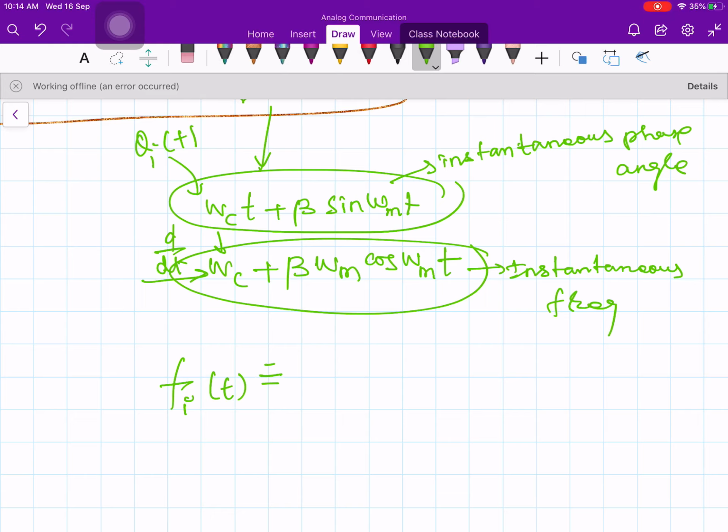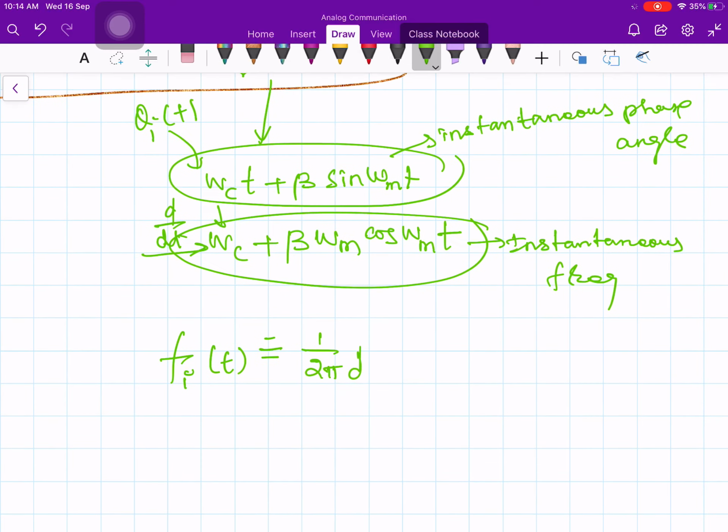Your fi of t is equal to 1 by 2 pi times d theta i of t, that's what you got here, divided by dt. Therefore omega c t I can write as 2 pi fc divided by this 1 by 2 pi multiply.